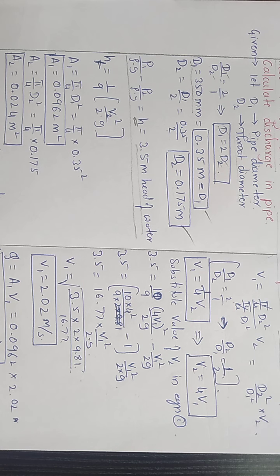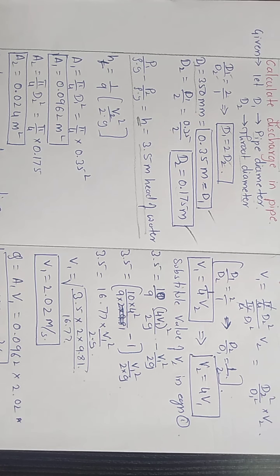Now we cannot directly apply the discharge formula and get the answer, because in this problem he has mentioned head loss. So we have to include that head loss in the expression.